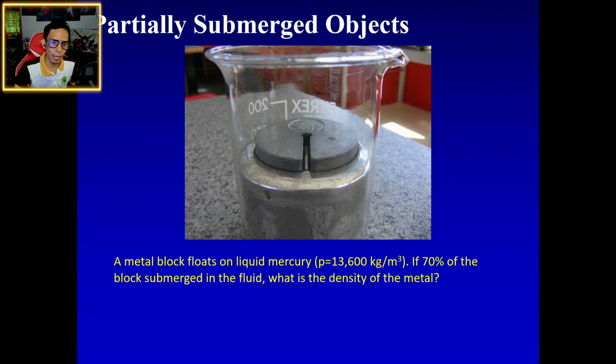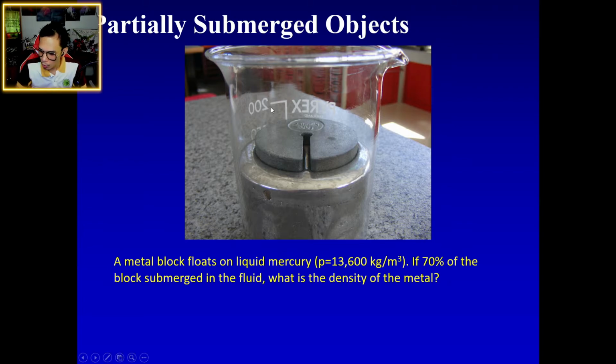Now let's take a look at the second word problem. In this case we have mercury as a fluid. A metal block floats on liquid mercury, which has a density of 13,600 kg per cubic meter. If 70% of the block is submerged in the fluid, what is the density of the metal?